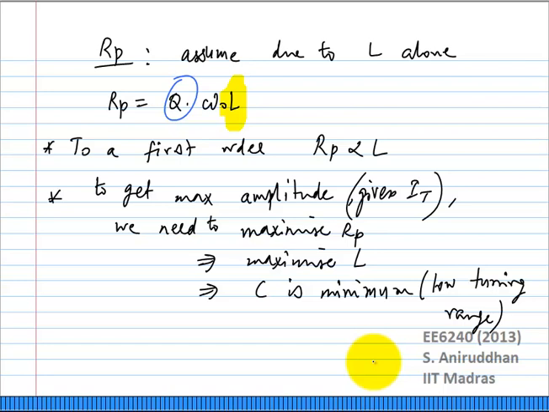Now, apart from this, we have chosen the inductor value, we have chosen the capacitor value for a given current. What do you do next? Next step is to design the transistors, the cross-coupled pair. Now, how do you design the cross-coupled pair?